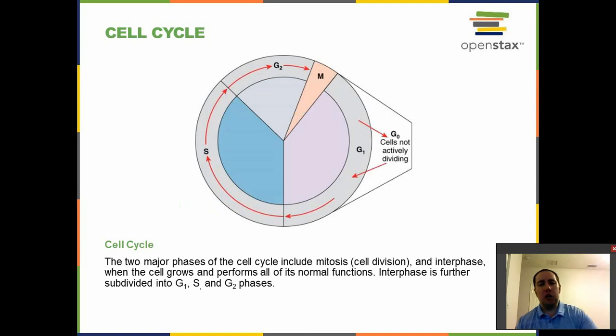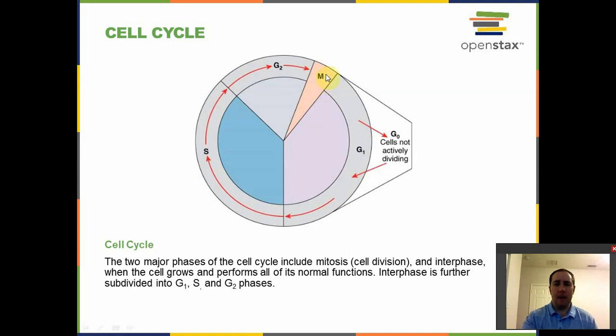Mitosis is just a part of what we call the cell cycle. Cells have a life cycle. They go around and around and around. And so on this cell cycle, mitosis is actually just this one little wedge labeled with an M. There are two major parts of the cell cycle, or two major times when the cell is doing something.